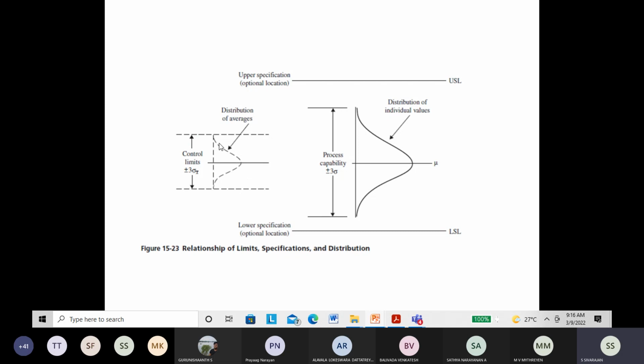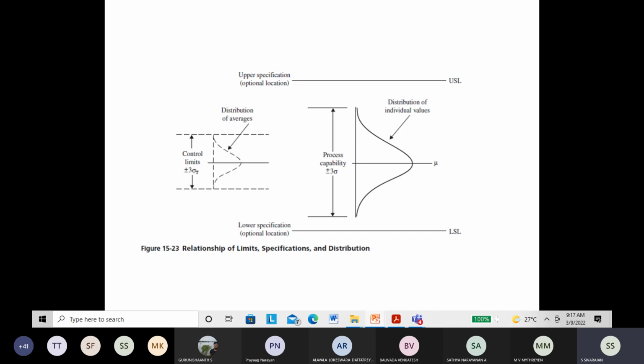Now this distribution will be like this. When we have taken the control limits, this is the average line, this is X bar, and our mu. There is a very slight difference between mu and X bar. That means we can do it in 2 ways. One is we can take samples and do the analysis. Another way is by doing it on the population.